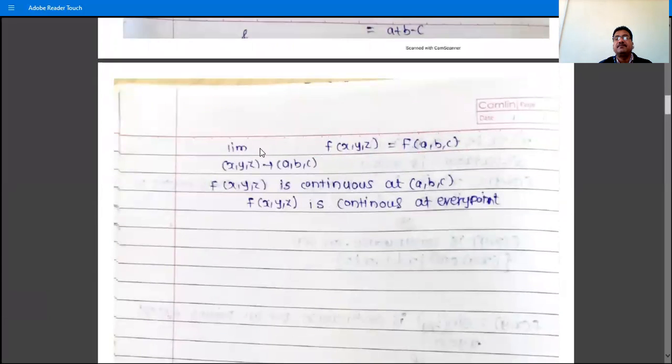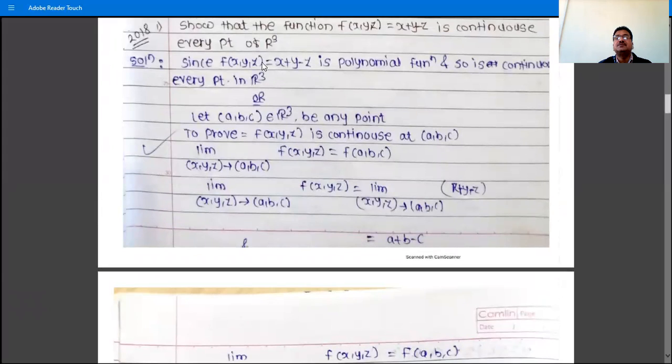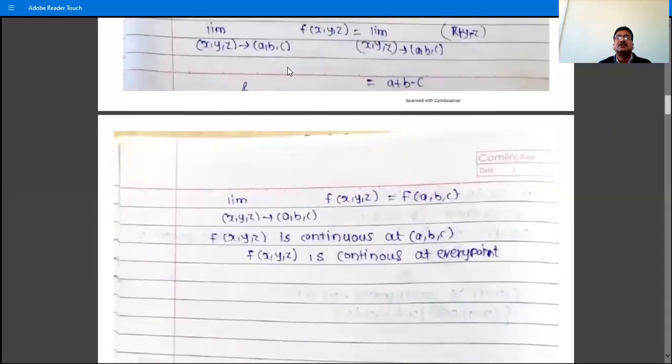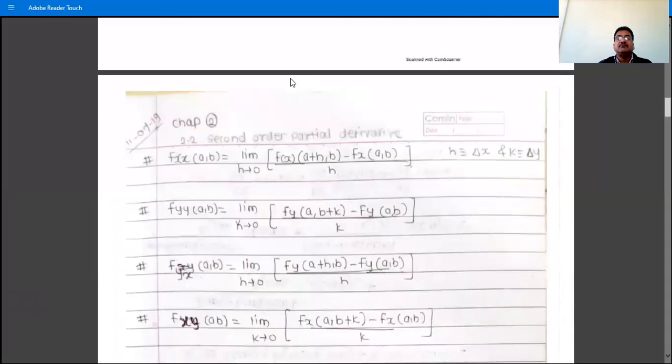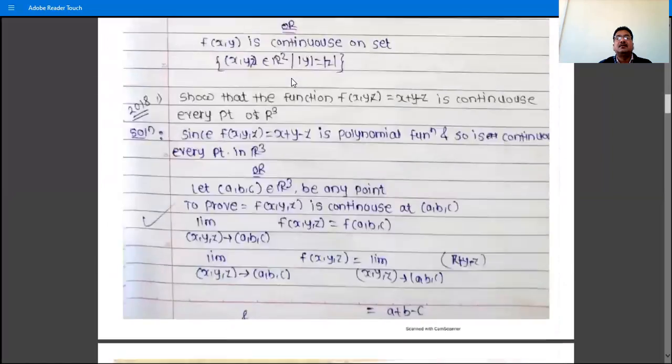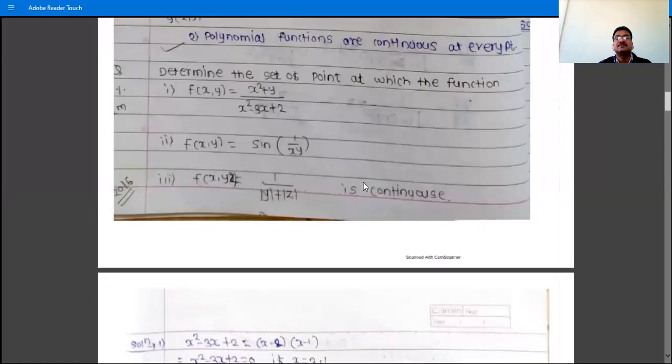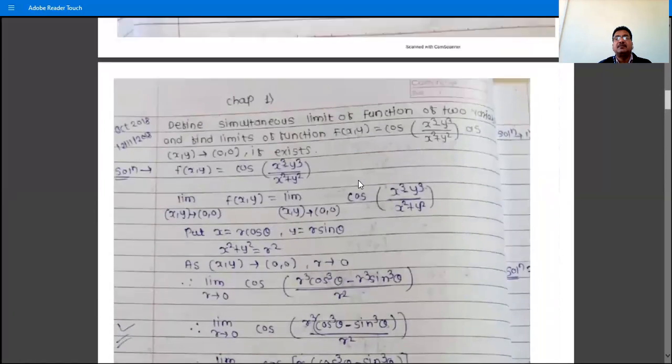So both are the same. The limit at (a, b, c) and the value at (a, b, c) are the same, and therefore f(x, y, z) is continuous at (a, b, c). Either this proof or the fact that a polynomial function is continuous everywhere shows this function is continuous everywhere. So these are some different types of problems on continuous functions.